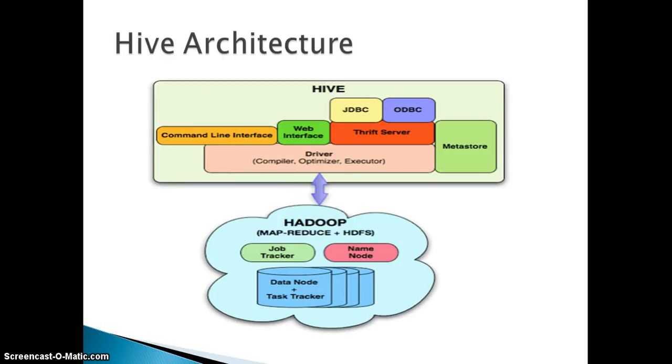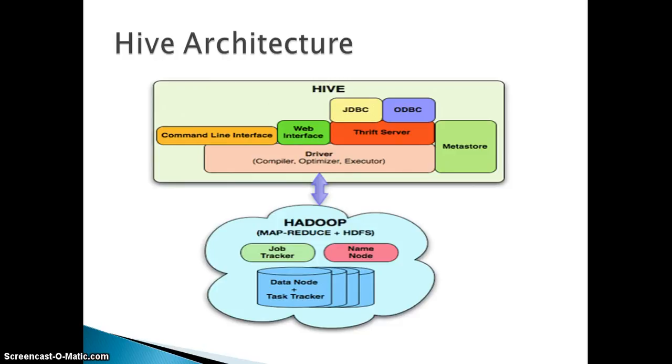In order to convert your Hive queries into MapReduce jobs, your compiler will do that. You have the optimizer, which optimizes your Hive queries if there is some scope for optimization. And finally, you have the executor, which will take your Hive query and execute your MapReduce jobs.